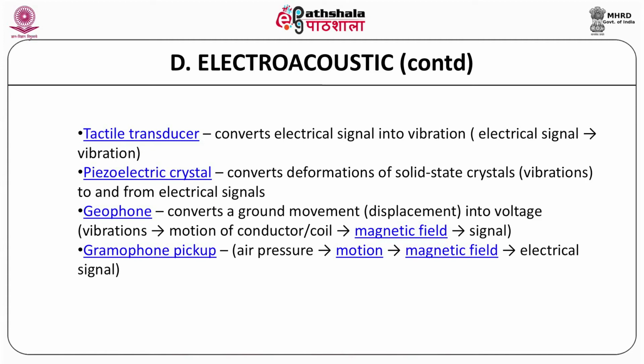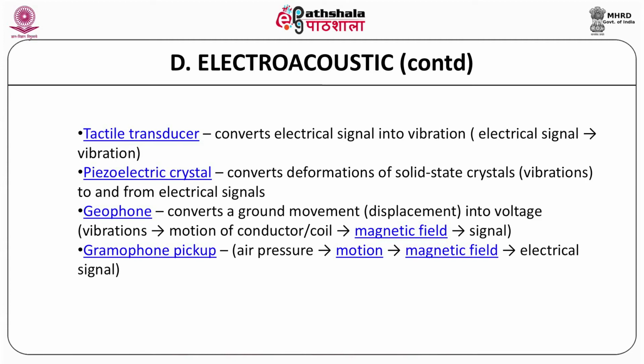Here vibrations are converted to motion of the conductor or a coil, then to a magnetic field, and that magnetic field is converted into a signal, because finally all of them must give a quantitative, measurable signal. It has to be proportional to the property or the measurement you want to do. Otherwise there is no point. The final signal has to be proportional to the property you want to measure.